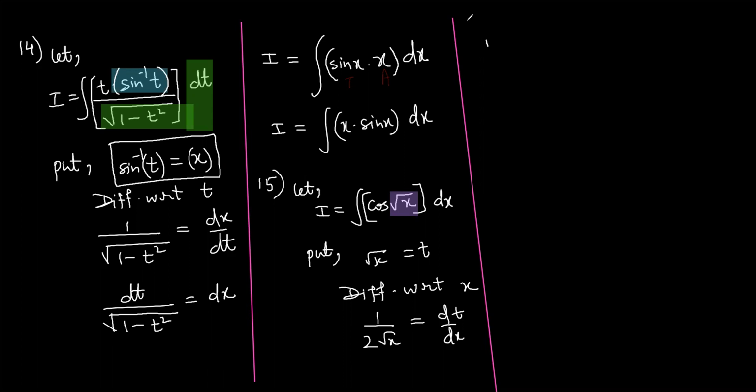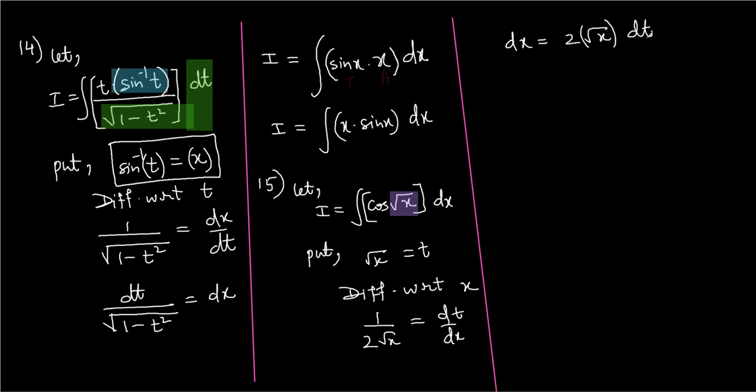So next, I take this 2 root x to the right hand side, and dx I take here. So dx into 1 is dx, and here I get 2 root x dt.